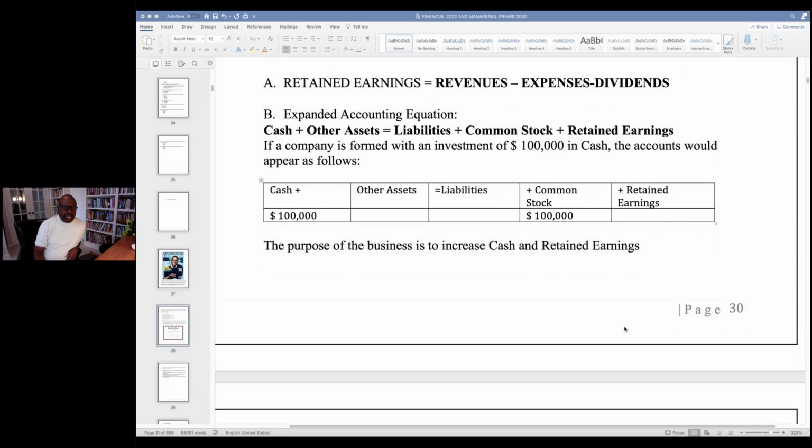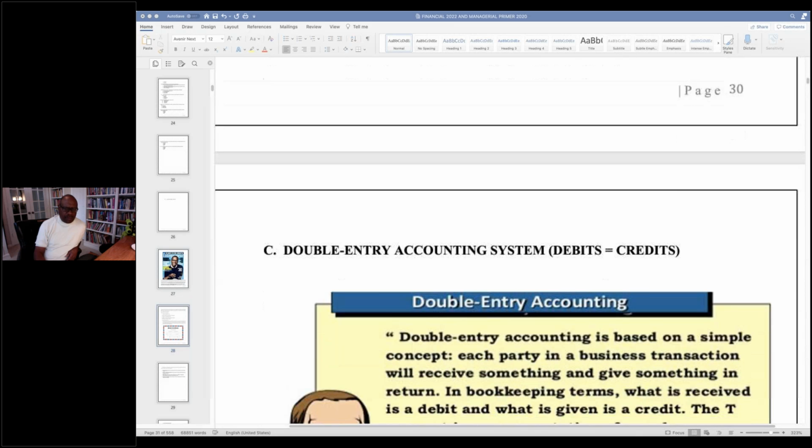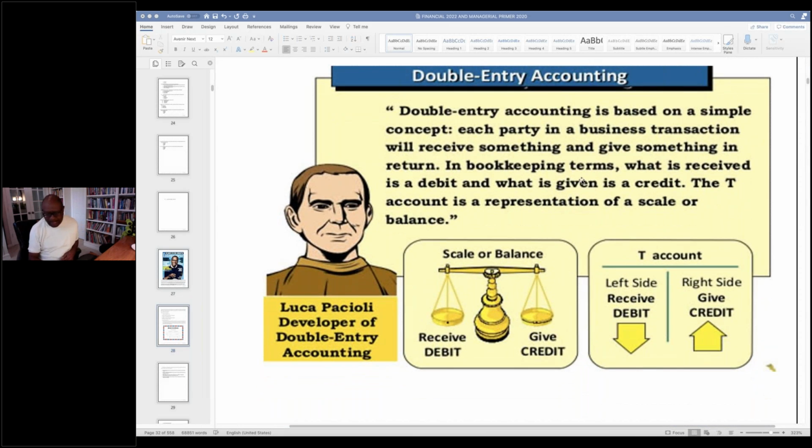And we expanded that equation to say cash plus other assets equal liabilities plus common stock plus retained earnings. Then we went into a double entry accounting system, and we said that we utilize that double entry accounting system because every time you engage in a financial transaction with someone, you receive something of value, that's the debit.